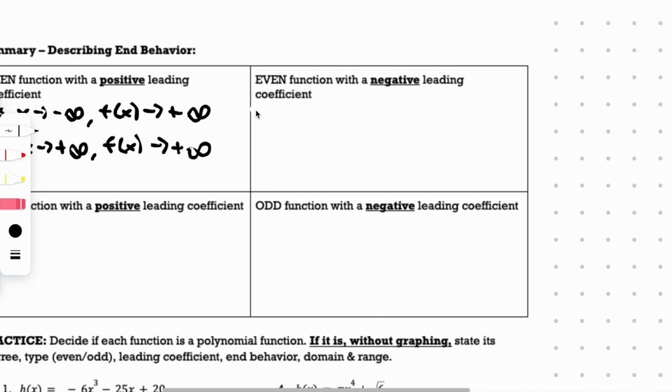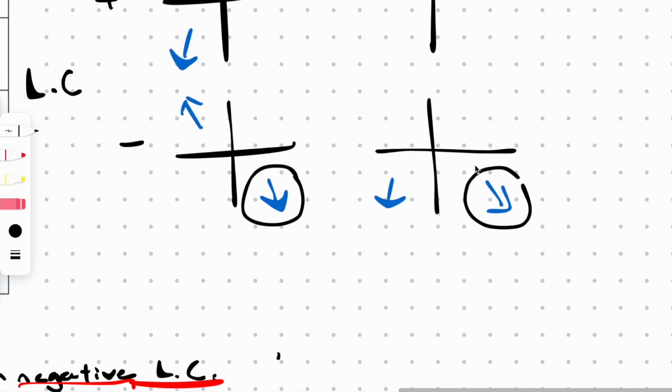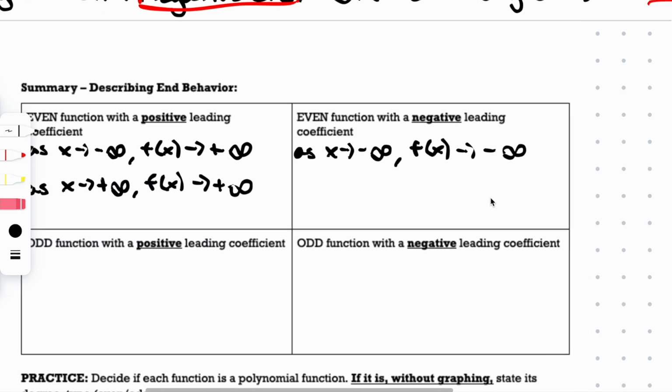So we're going to say, it's a lot of writing, as x approaches negative infinity, f of x, or y, approaches negative infinity too, because it's going down here. Now, as x approaches positive infinity, what happens to our right arrow? It goes down, it falls, so it still approaches negative infinity.